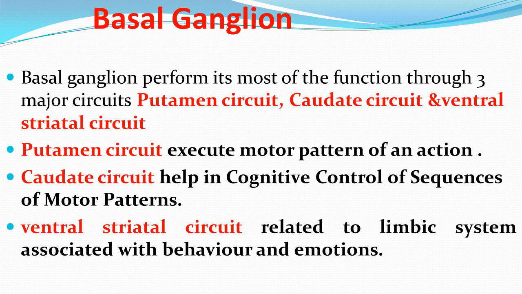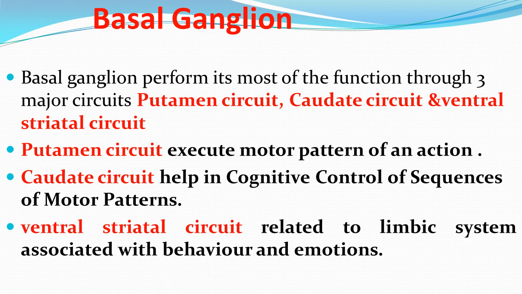How do they function? The basal ganglia perform most of their function through three major circuits: the putamen circuit, the caudate circuit, and the ventral striatal circuit.